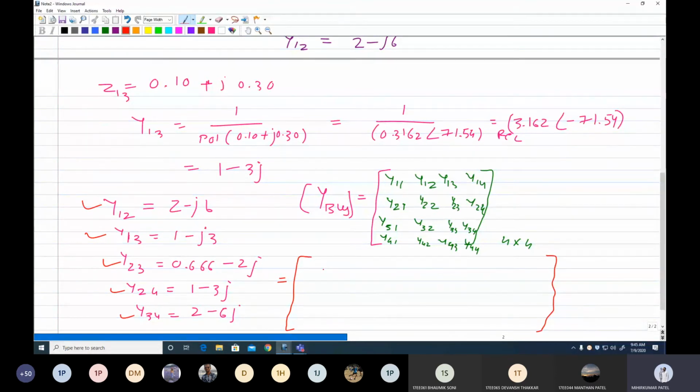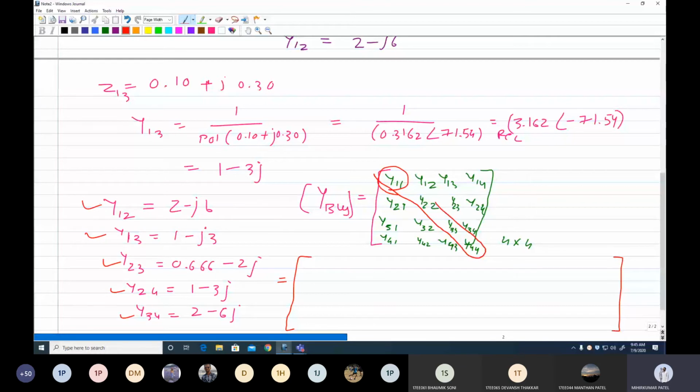What will be the value of y11? Can anyone say from the network? This is your diagonal element and these are your off-diagonal elements.